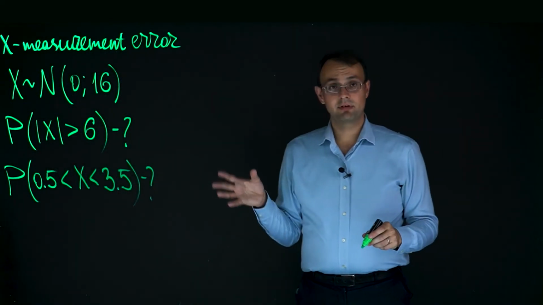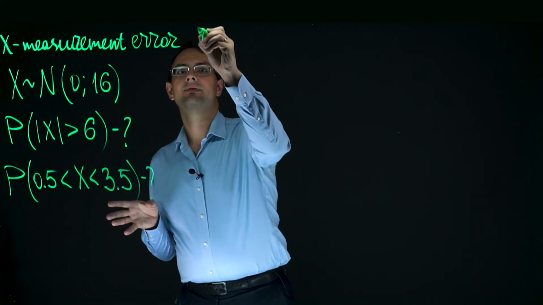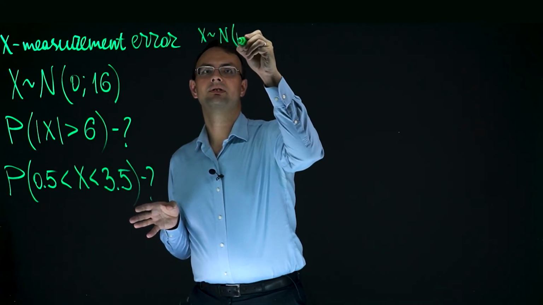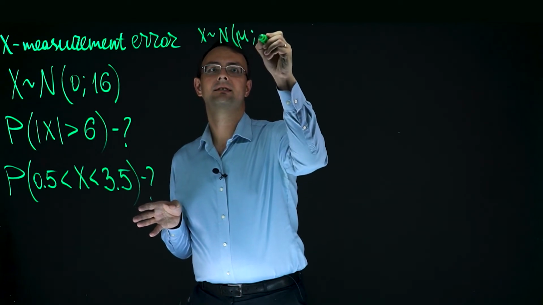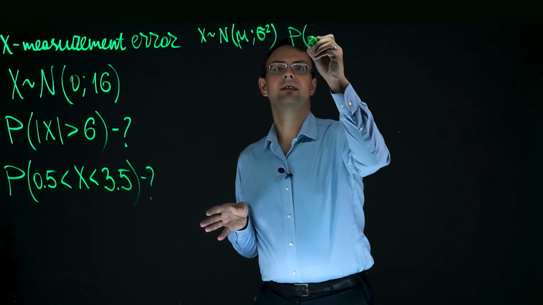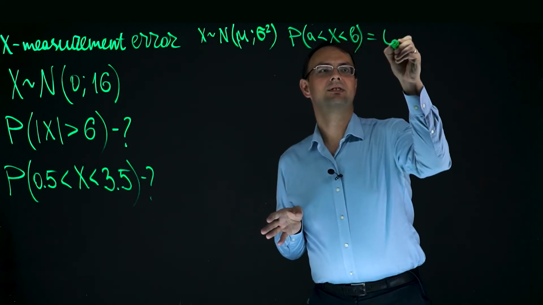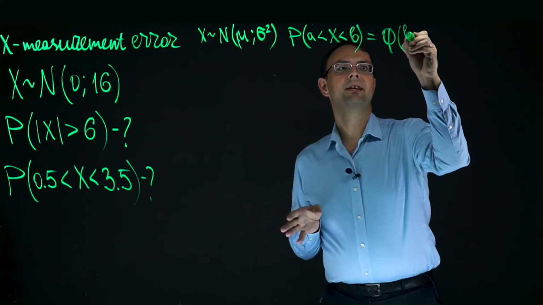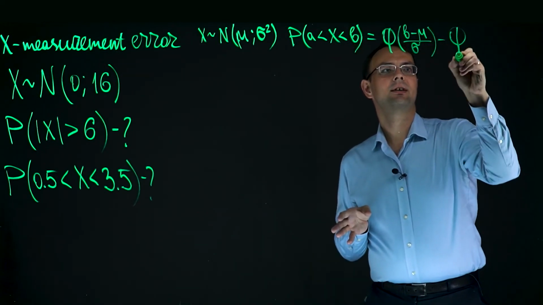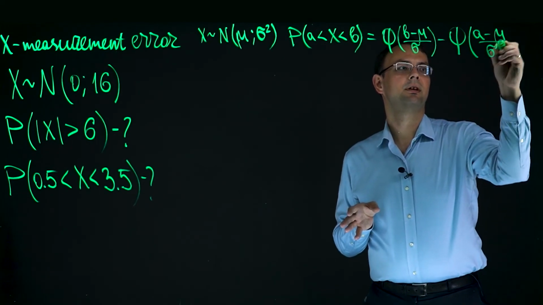So let me remind you the general formula. The general formula is that if X has normal distribution with given parameters mu and sigma squared, then probability that X is from A to B can be found as phi of (B minus mu) over sigma minus phi of (A minus mu) over sigma.